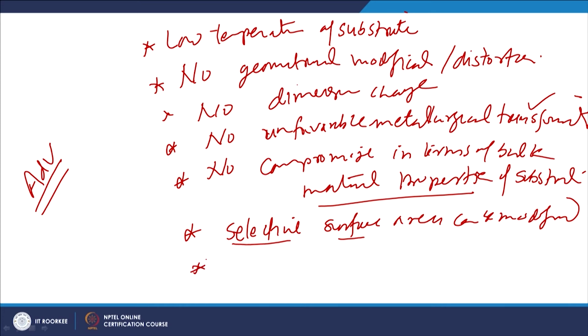Another important aspect is that inherent cleaning is involved. So, even the cleaning of the surface is not very crucial or critical in this case, because bombardment of the ions at the surface performs the automatic cleaning of the surface.